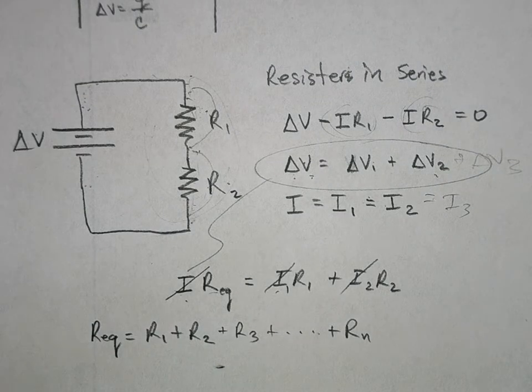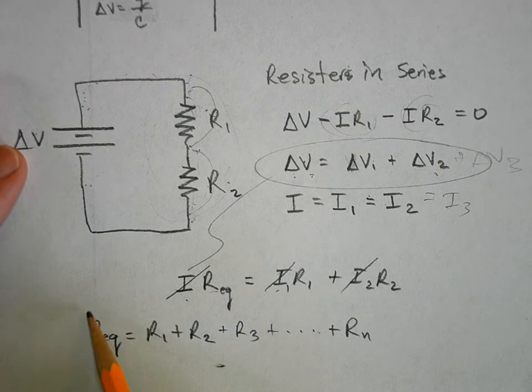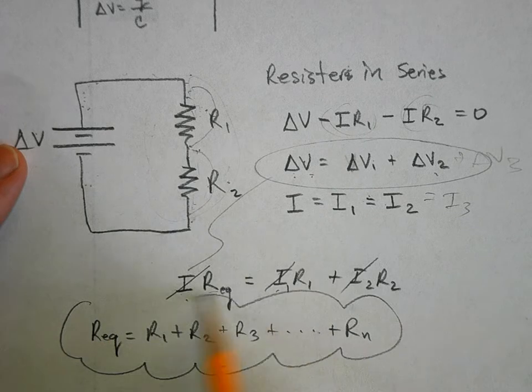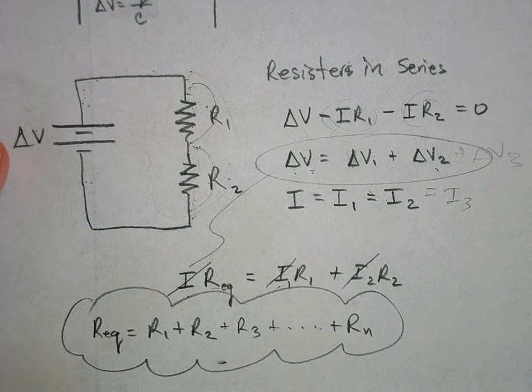Now in a complex circuit, I would break 2 down, but there's other resistors, and so we're going to do that a little bit. So this is an equation that you should write down on your equation list for resistors in series. They just add. Now, by the way, this is different than capacitors.